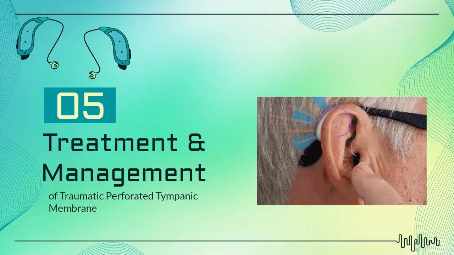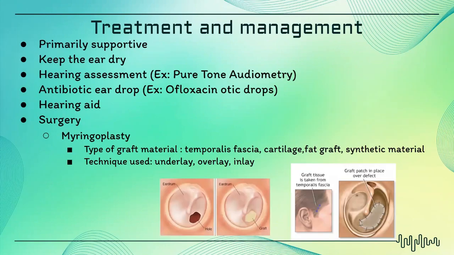Moving on to the treatment and management of the traumatic perforated tympanic membrane. The management is mainly supportive, and we ask the patient to keep the ear dry as much as possible, since a wet ear can predispose to infection. We also do a hearing assessment to determine the hearing level and the type of hearing loss.